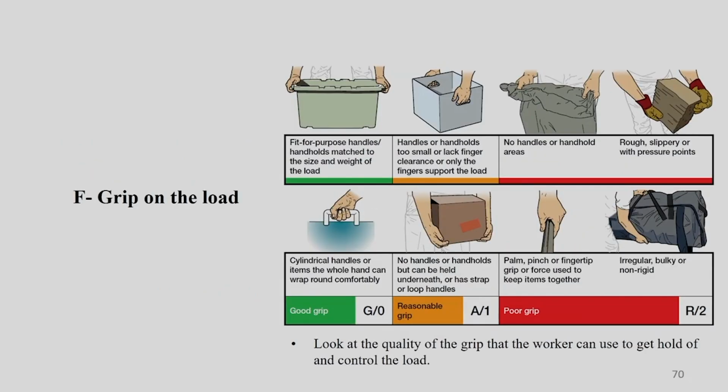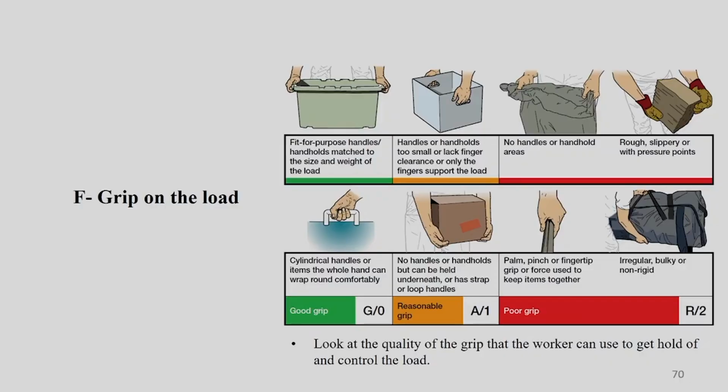Moving forward, grip. Grip is very, very important because we are talking about lifting, and in lifting without grip we cannot move ahead. So we have a lot of varieties here. We need to look at the quality of the grip that the worker can use to get hold of and control the load.